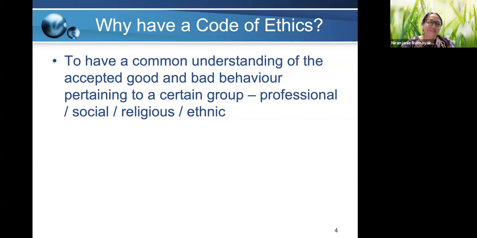And when I was teaching this subject at the University of Moratuwa, I asked the Tamil students what is the meaning of ethics, and they said Achara Dharmam. The Tamil meaning is also the same as the Sinhala meaning. So it is the behavior, the correct or good behavior, Achara Dharma, that guides the behavior of a group of people.